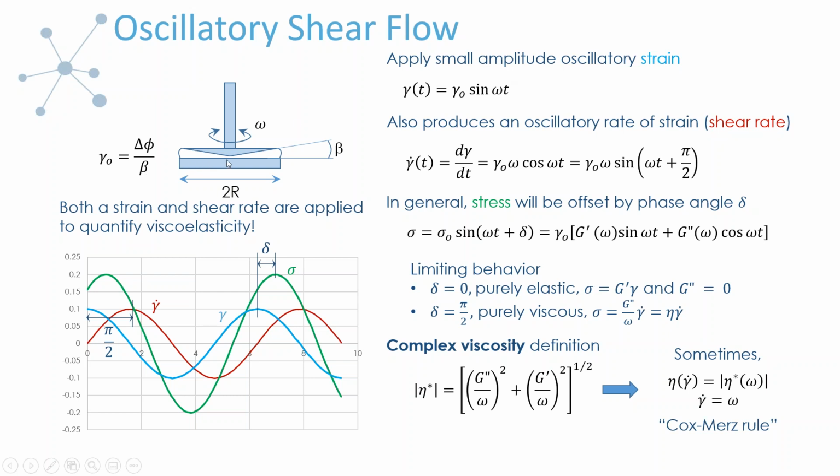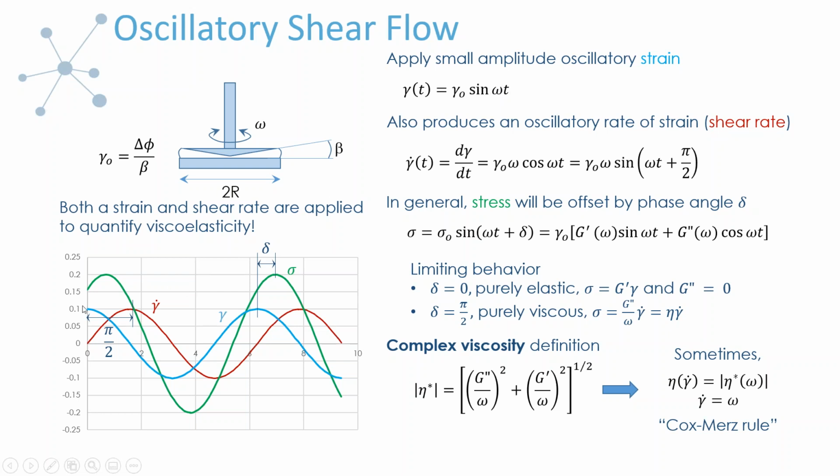We're going to have some low amplitude strain. The strain is related to the deflection angle in each cycle that we go before we move back the other direction. And we're going to do this at some frequency omega. So this sets up a sinusoidal strain, essentially.